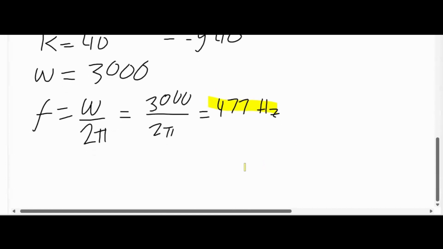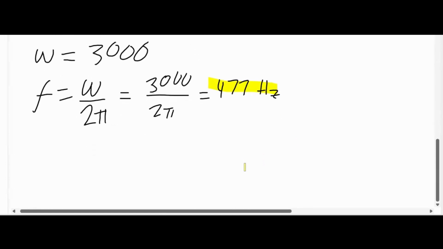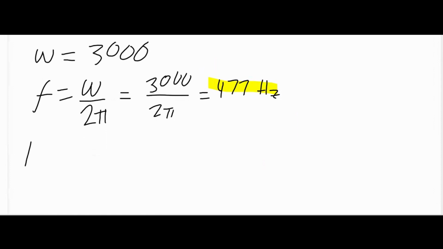Now our second thing we need to find is the wavelength in this medium. We can use our K value, or propagation value. K equals 2 pi over lambda, where lambda is the wavelength.